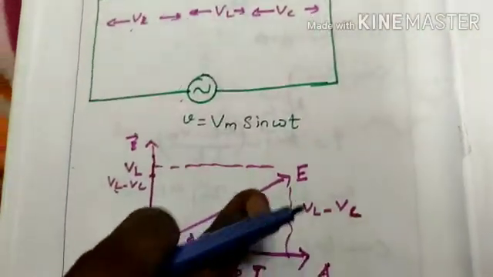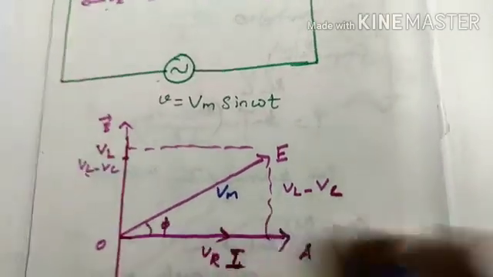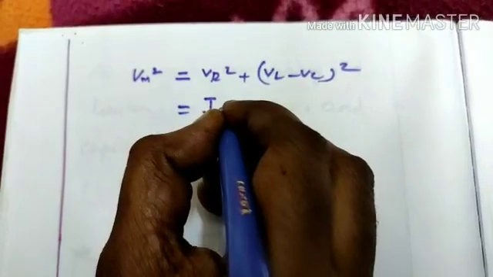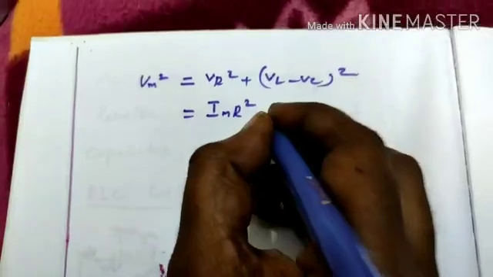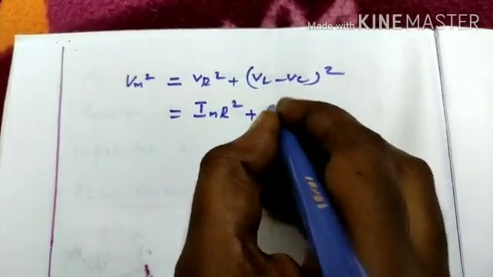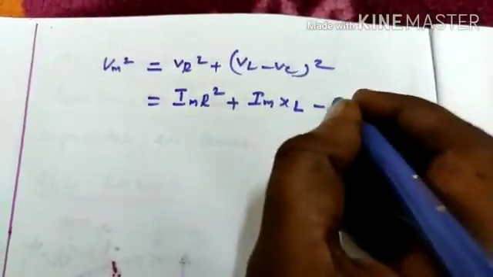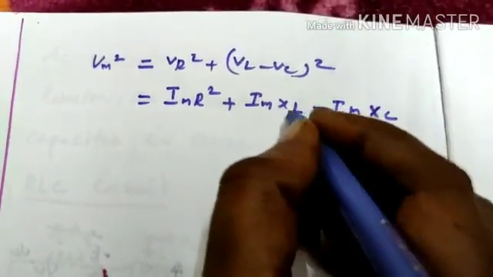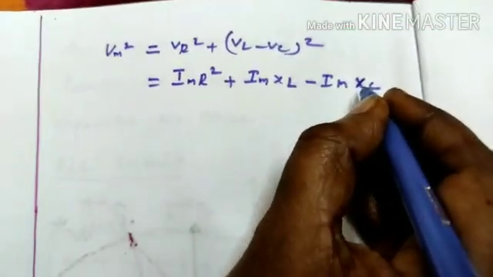VR is Im into R, VL is Im into XL, and VC is Im into XC, where XL is the inductive reactance and XC is the capacitive reactance.